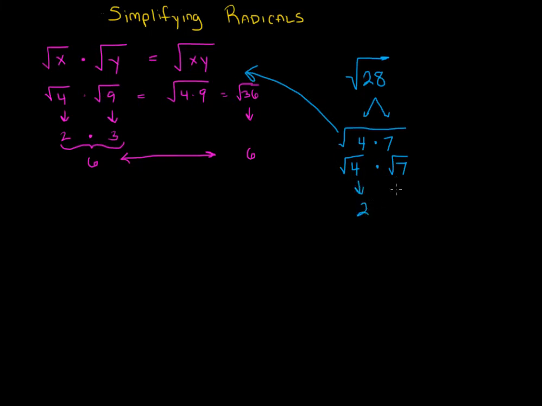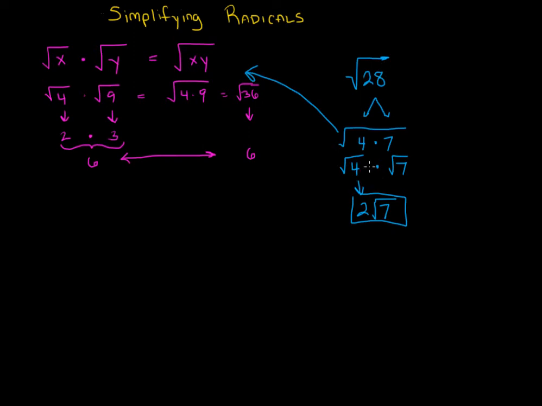But we don't know what the square root of 7 is, and I can't think of any perfect squares that go into 7. So we just leave it as the square root of 7. So the simplified version of the square root of 28 is 2 square root of 7. And you can punch that in on a calculator. Type in the square root of 28, see what you get, and then type in 2 times the square root of 7. You'll get the same answer. So this is just a simplified form of the square root of 28.